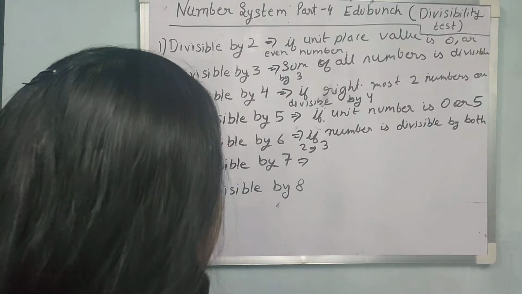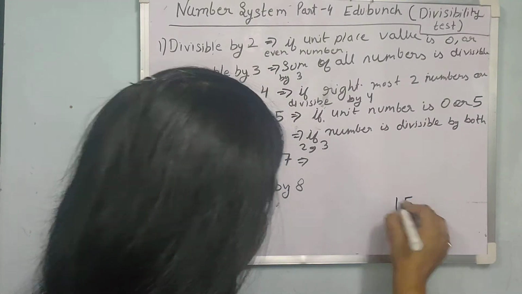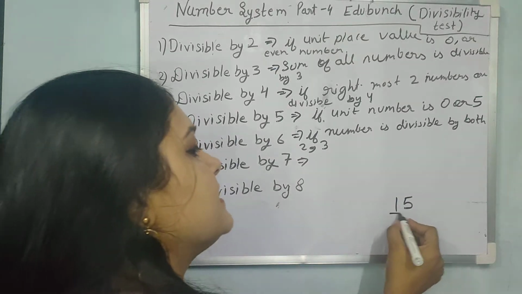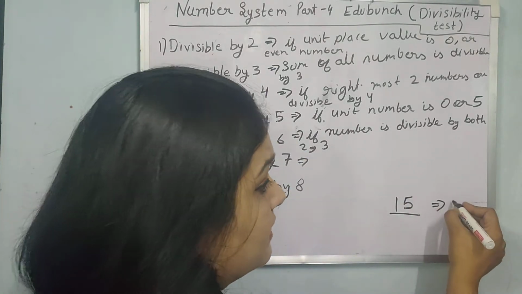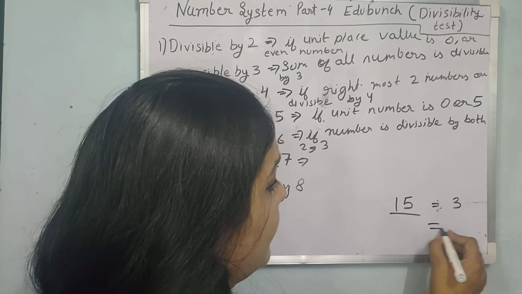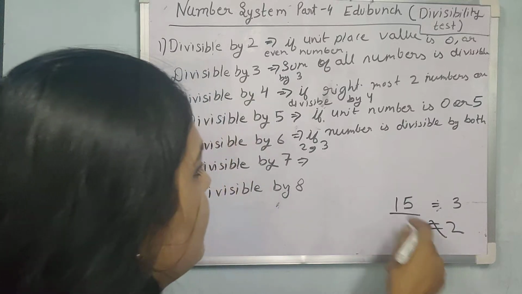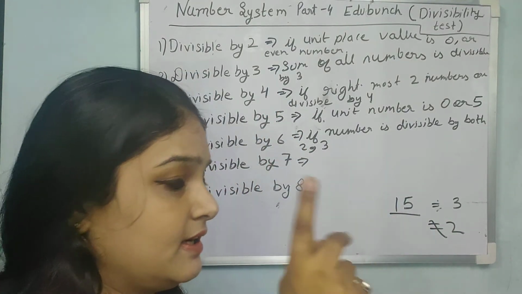Like we are just taking the example 15. Here 15 is completely divisible by 3 but not by 2. So it can't be divisible by 6. Here we must satisfy both conditions.